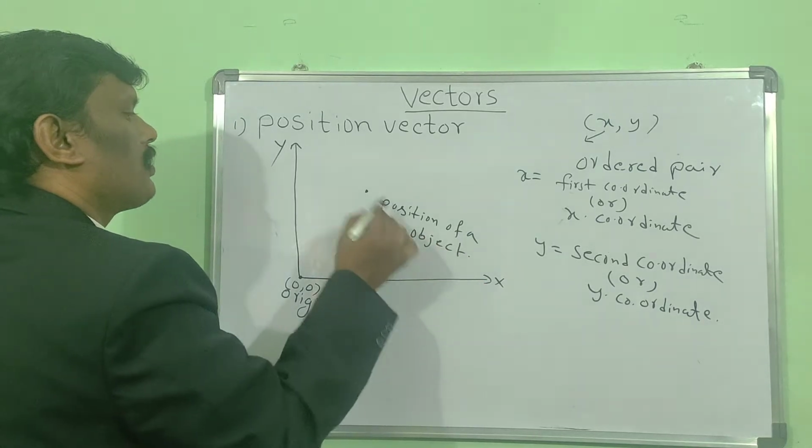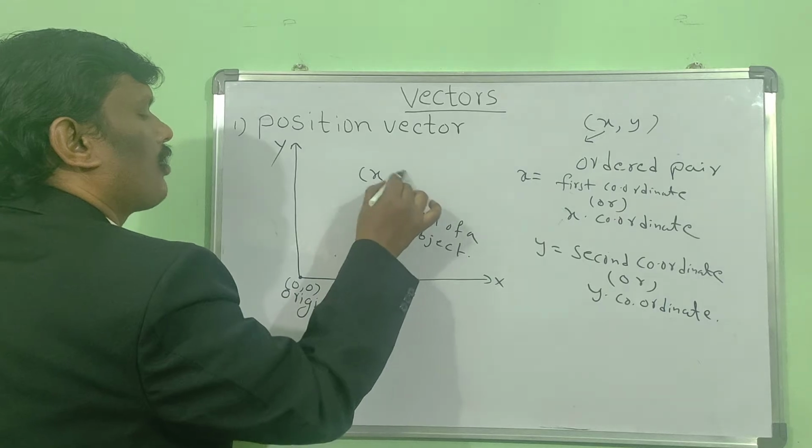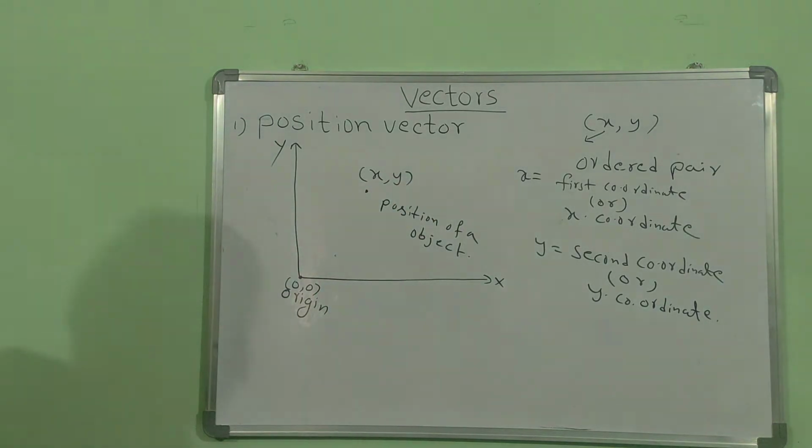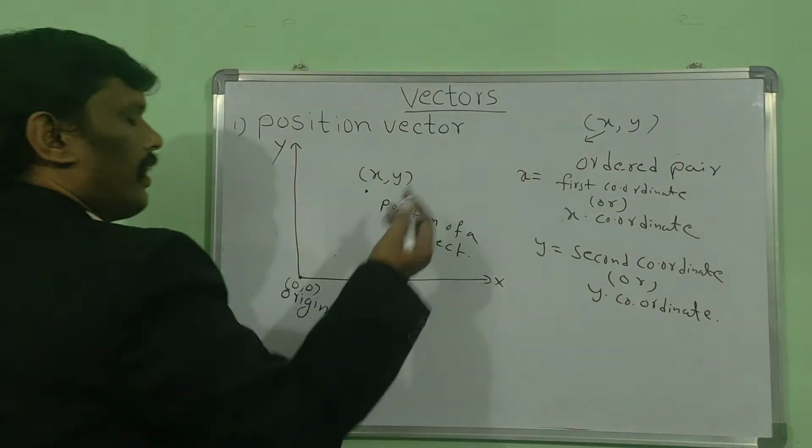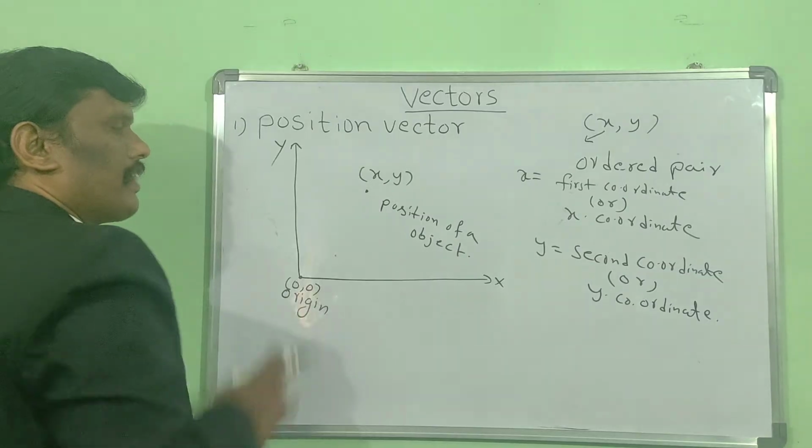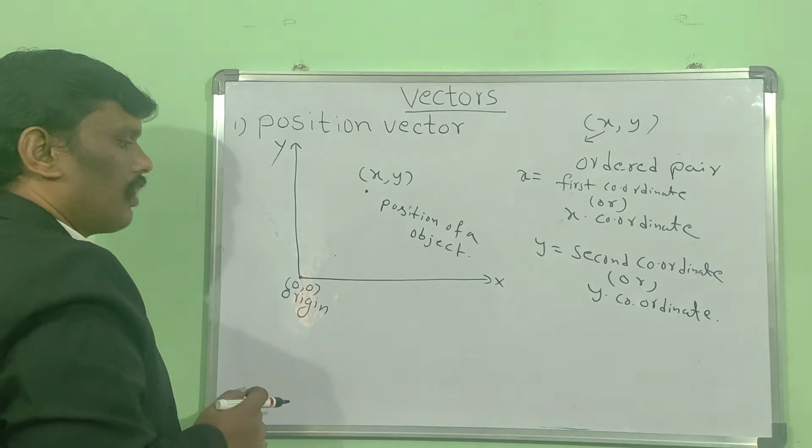In a plane, how do we represent the position of an object? In the form of an ordered pair, x comma y. Here this is the x coordinate, this is the y coordinate. What is the meaning of that?